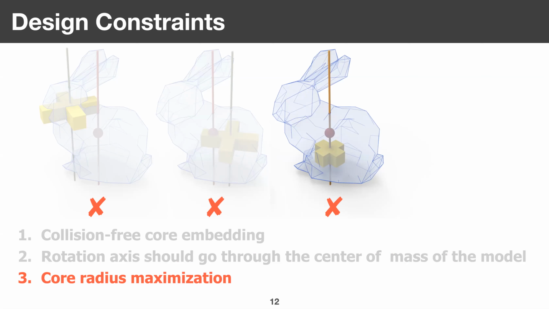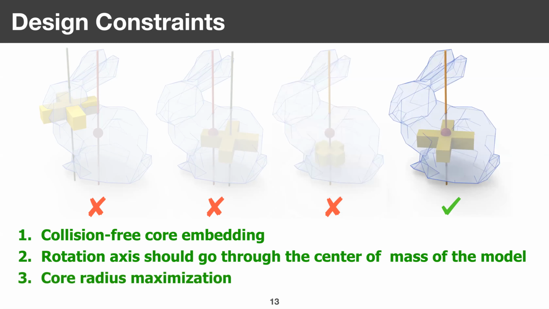So it's not good. In addition, if the core is too small, it will cause accidental unlocking because of 3D printing precision issues. Therefore, third, the core should be as large as possible. So we optimize the core position and size to satisfy all these constraints, as the one shown on the right panel.